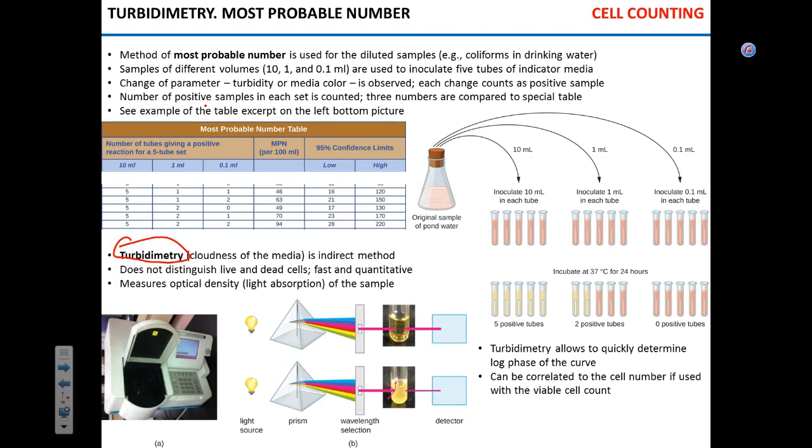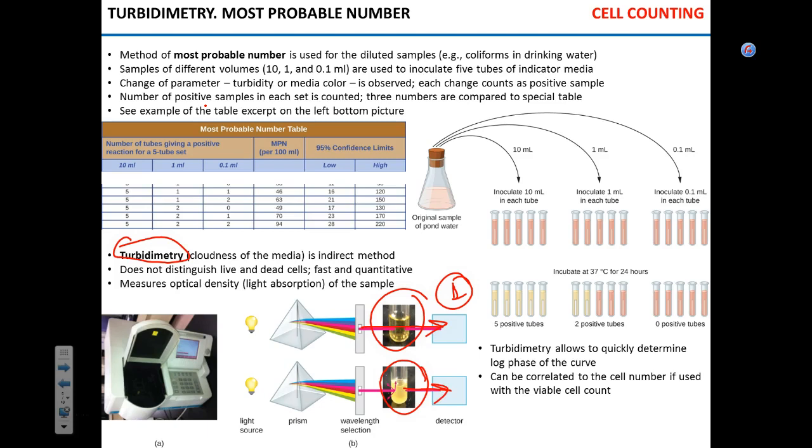The principle is super simple. This picture on top, I'm going to call it 1, shows you the clear liquid medium. Can you see that? Now, this liquid medium will allow a certain amount of light to go through. When bacteria start to grow, they obstruct the light path, and much less light is coming through.